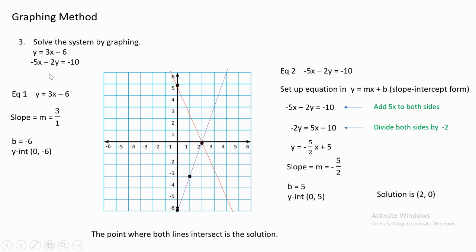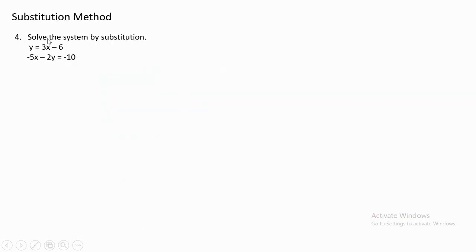Okay, now I'm going to solve the very same system by using another method, which will be substitution. Again, this is consistent, because we have one solution. So then, this is number 4. It's the very same system, but we're going to use another method.